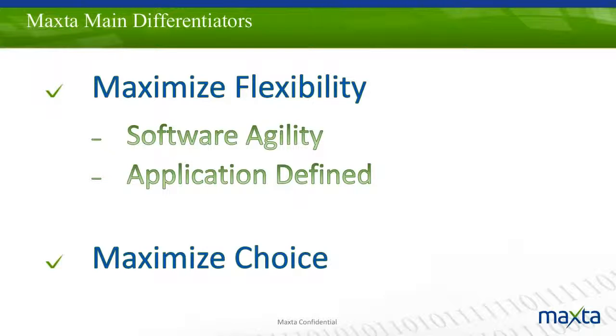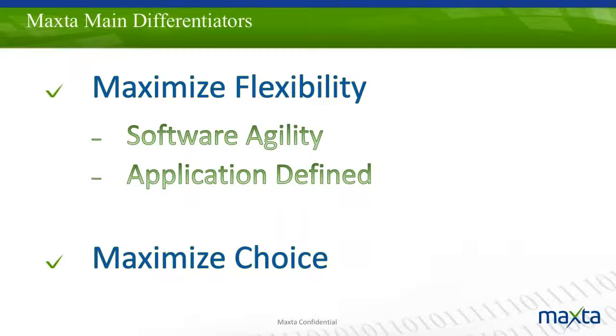So if there's nothing else, we've put this in bold letters as what you should take away from today's discussion. It's really about providing you the maximum amount of flexibility for your organization. Both around software agility, Dave talked about not being locked into a single hypervisor, being able to look at different hypervisors as you see fit, as well as being able to choose the hardware platform that works best for your organization.